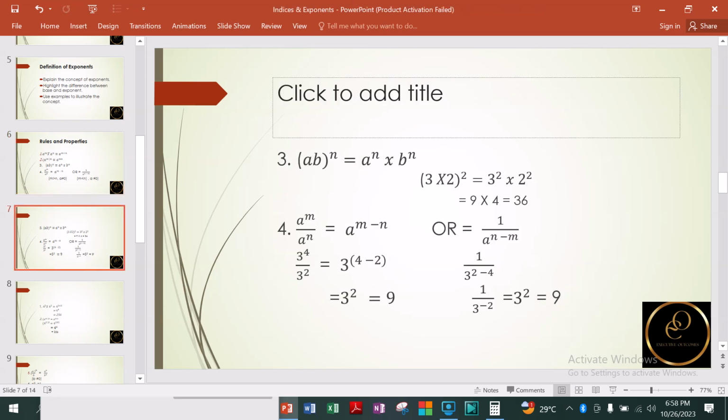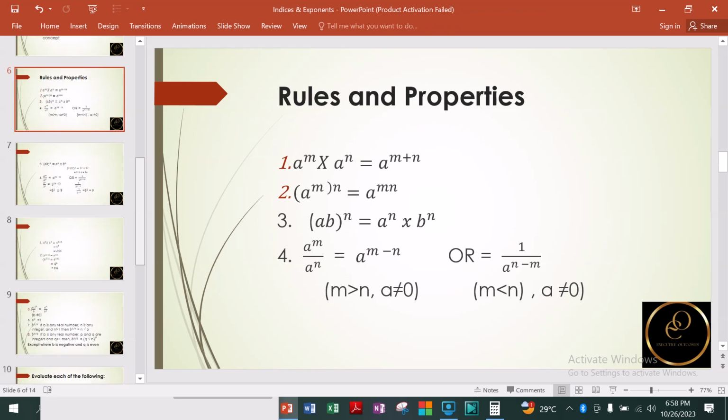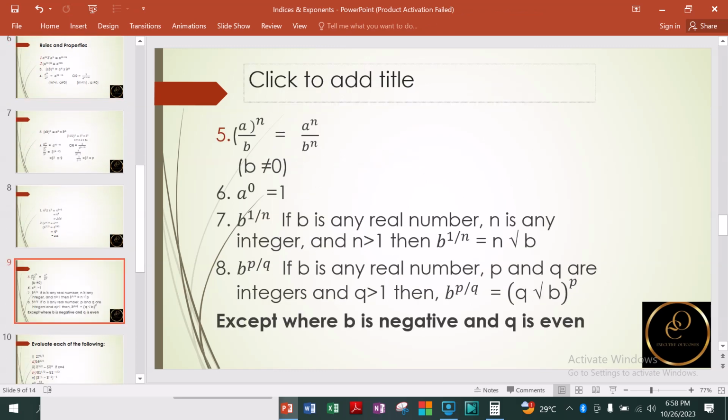So now we move on to look at the next rule. Rule number 5 in this particular case is telling us that suppose you have the expression or a mathematical statement in this manner, where you have A over B, everything raised to power n.